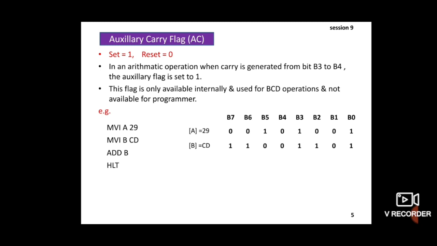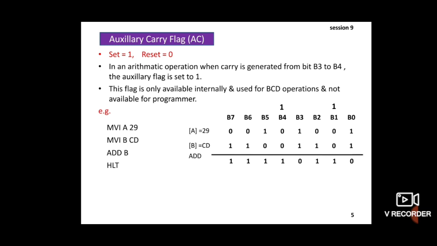Now again, apply binary rules for addition. See here, 1 plus 1 is 0, then carry forward to the next position. At B1 position, 1 plus 0 plus the carry is 0, then 1. Then at B2 position, 0 plus 1 is 1.